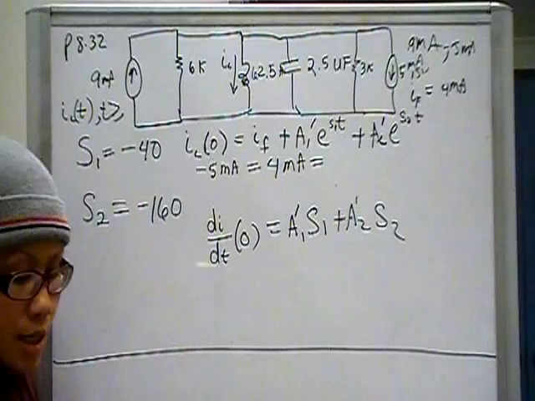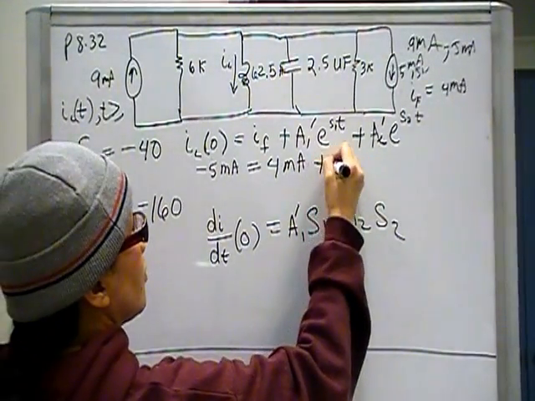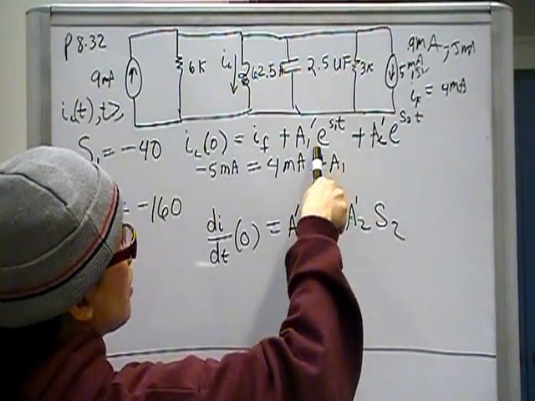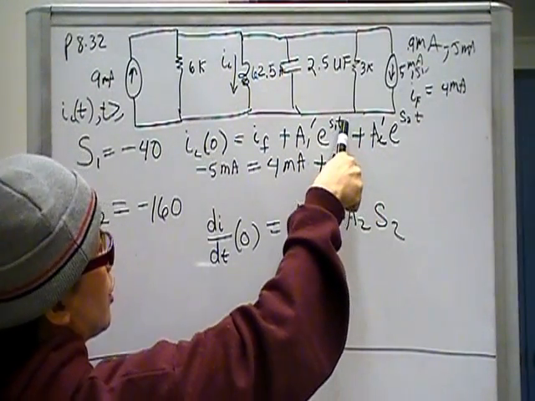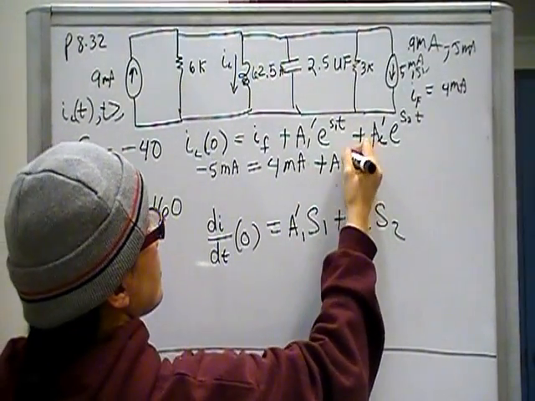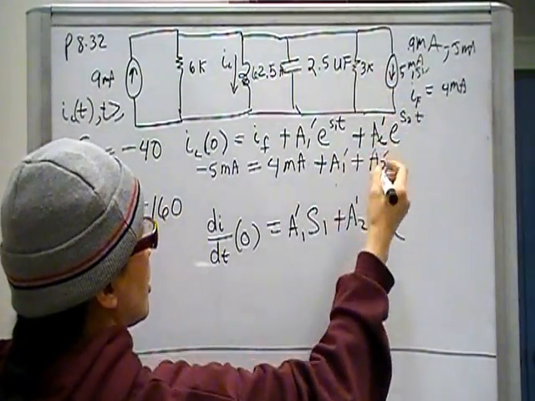And that is plus A1 prime. At time 0, the e goes away, the e to the 0 power is 1. Plus A2 prime, e to the 0 power is 1.